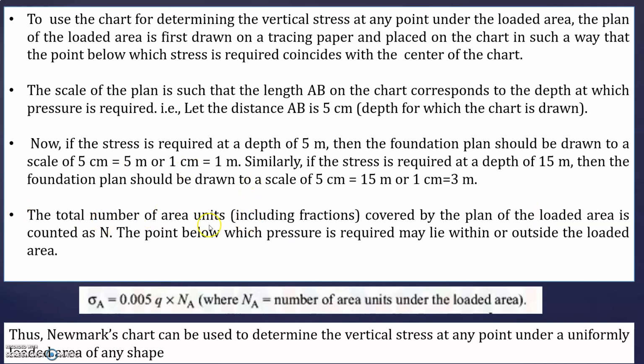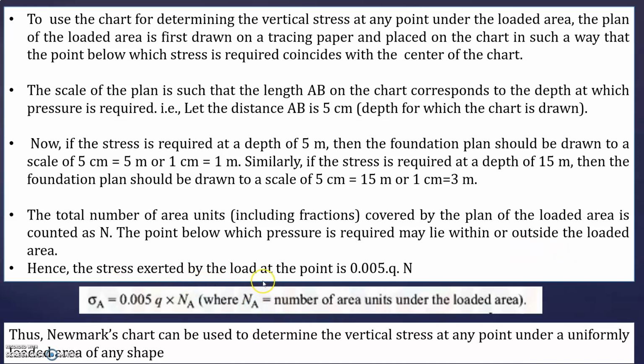Okay, the total number of area units including fractions covered by the plan of the loaded area is counted as N. The point below which the pressure is required may lie within or outside the loaded area.